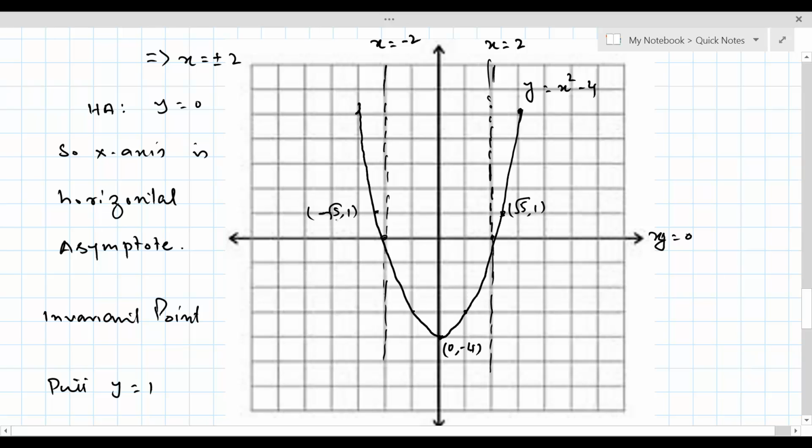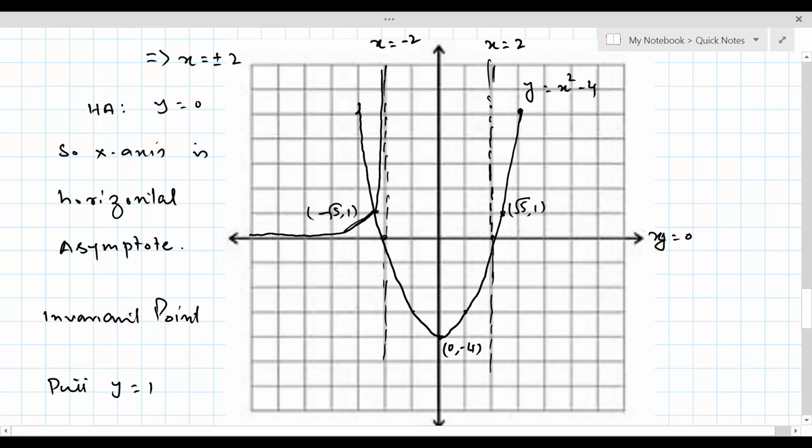It means the graph will come from this side because that's asymptote, and this also can be found by finding the long run and short term behavior of the graph, and then it will bend toward here and will go along this asymptote.